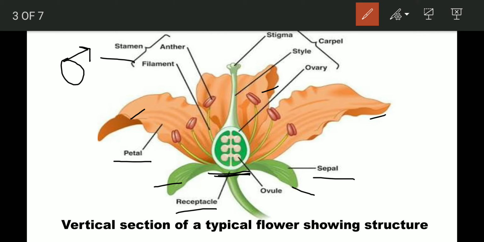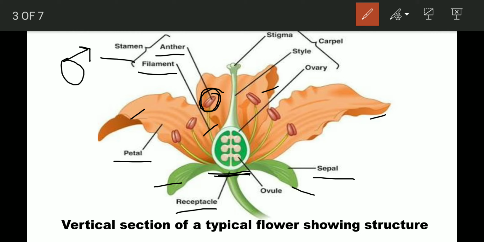This bilobed structure you see on the screen, all of you are able to see this bilobed structure, is called the anther. And this tube-like structure which is connecting the anther to the receptacle is called a filament. This is the male reproductive part called the stamen.